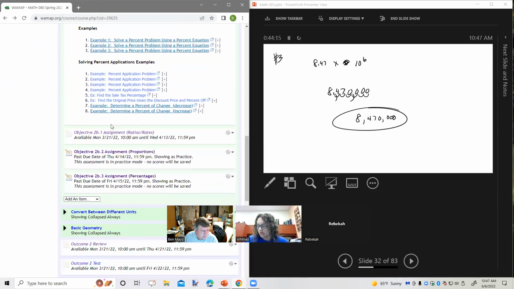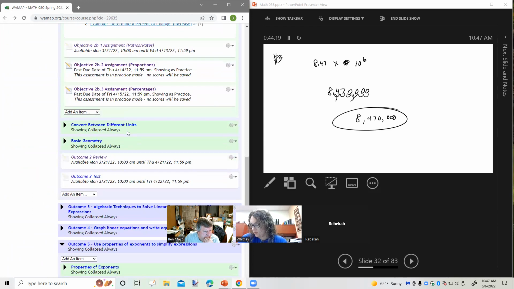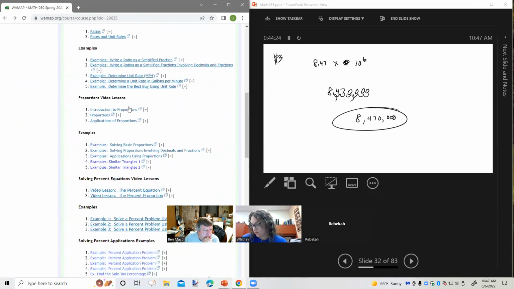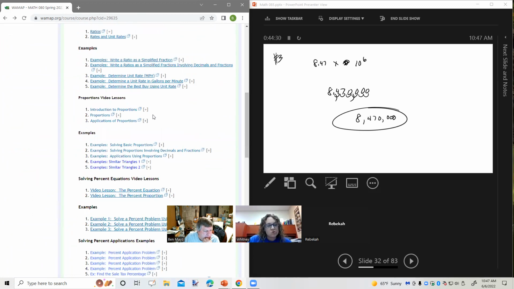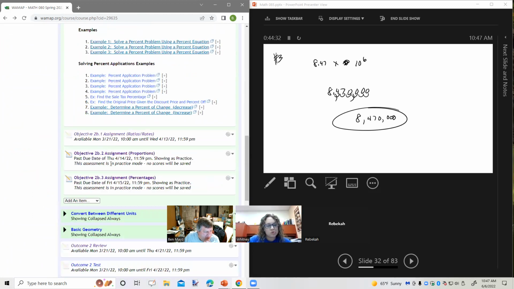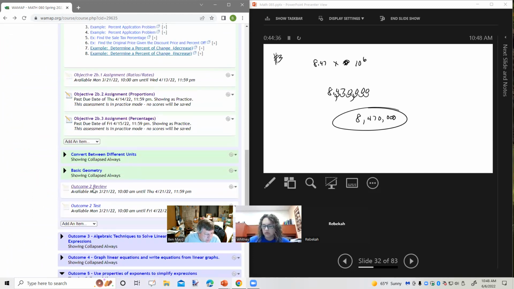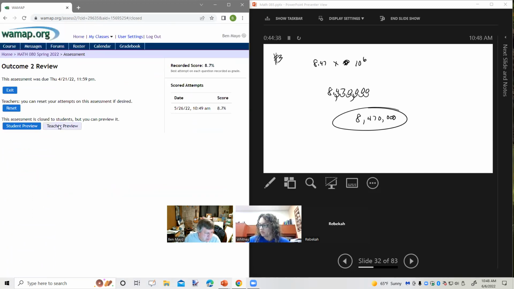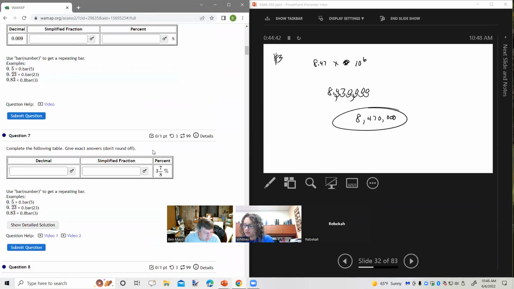Ratios, proportions, between different units. Basic geometry. I would think it would have been in 2B3, but I didn't see it there. I'll tell you what, let's go to the review again and see if there's anything like that in the review.